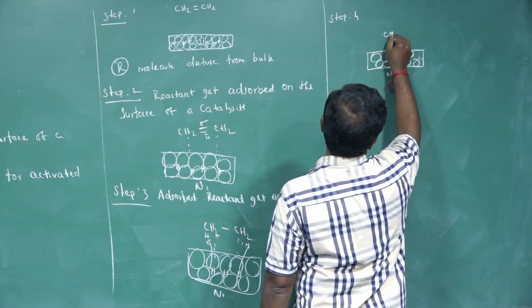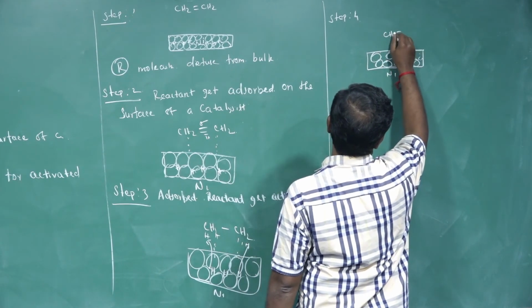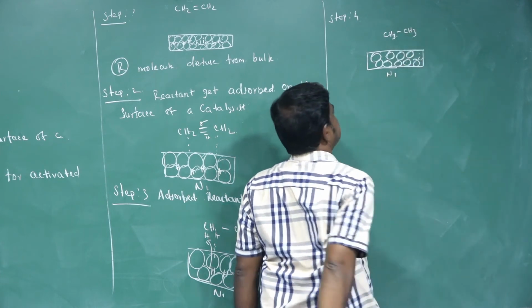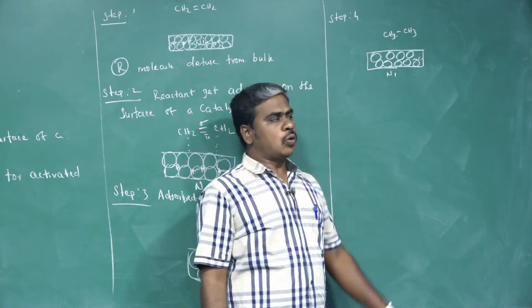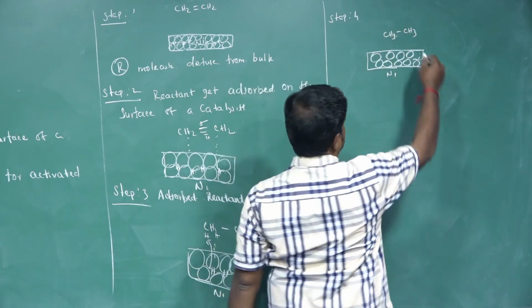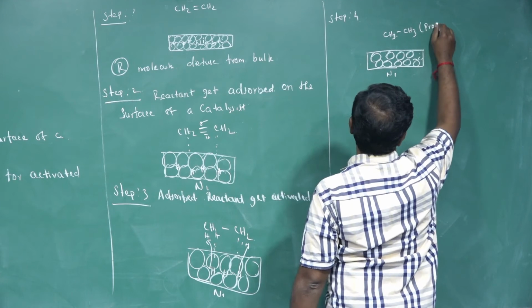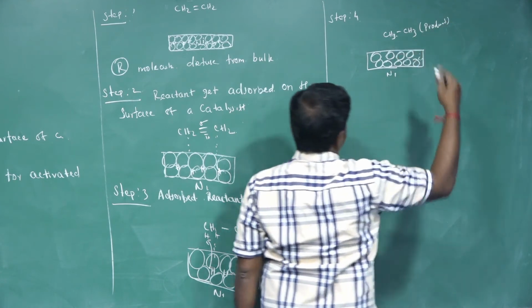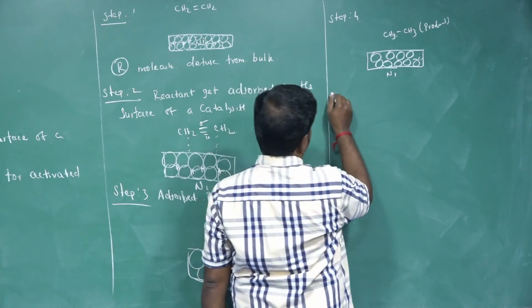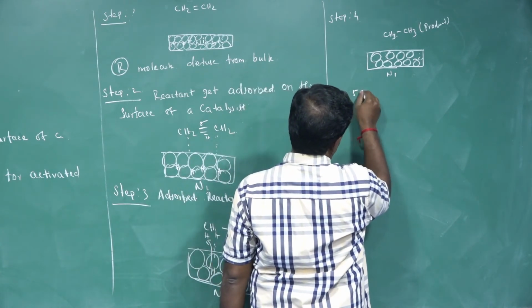Then it is converted into the product CH3-CH3. Now it gets desorbed, as there is no force of attraction between the product and the catalyst. Now step 5.